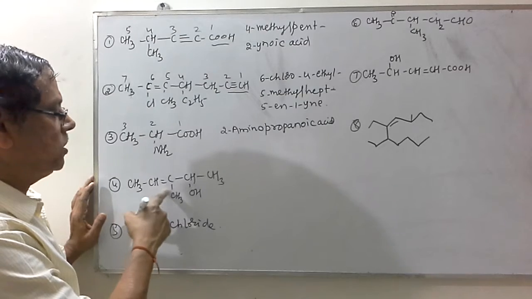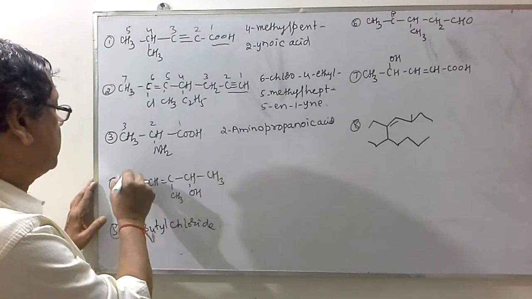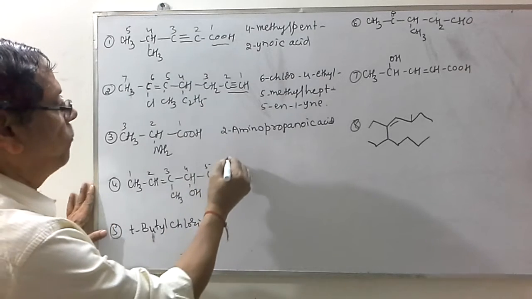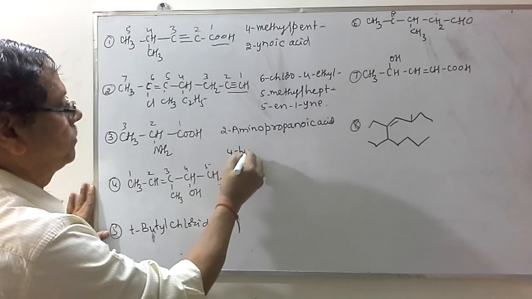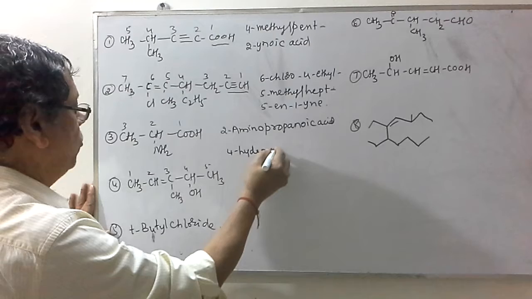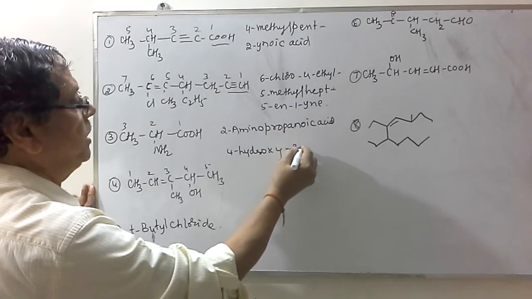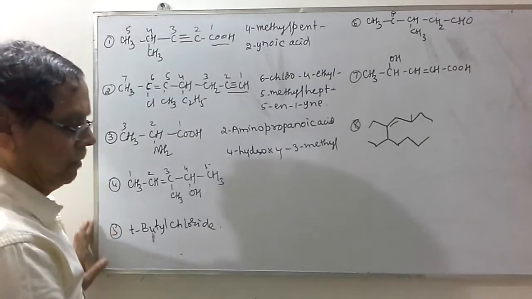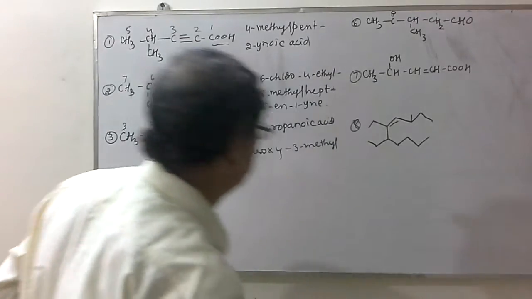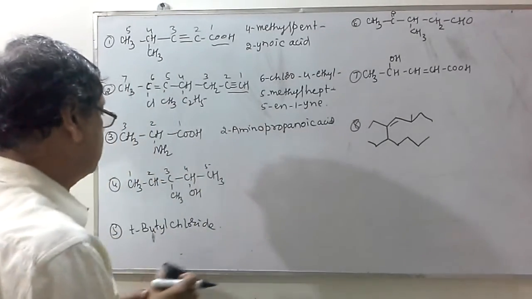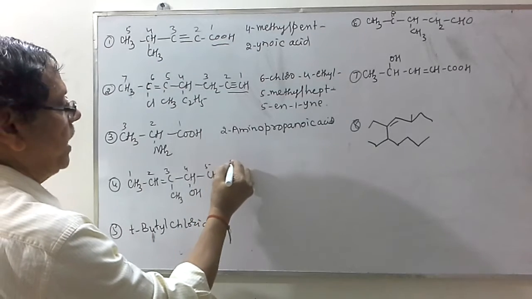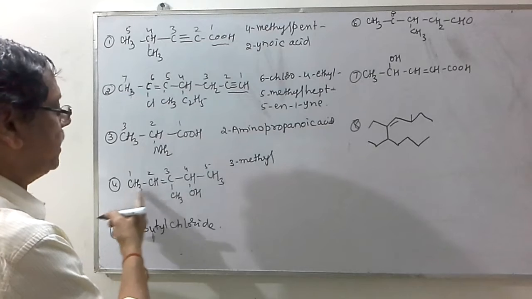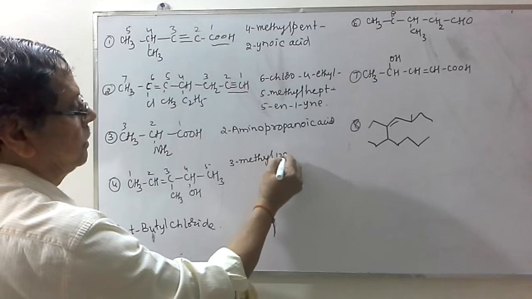Preference should be given to this double bond. Therefore it is 1, 2, 3, 4 and 5. 4-hydroxy, 3-methyl, or we can name this with both as the suffixes. 3-methyl, parent compound is pent.